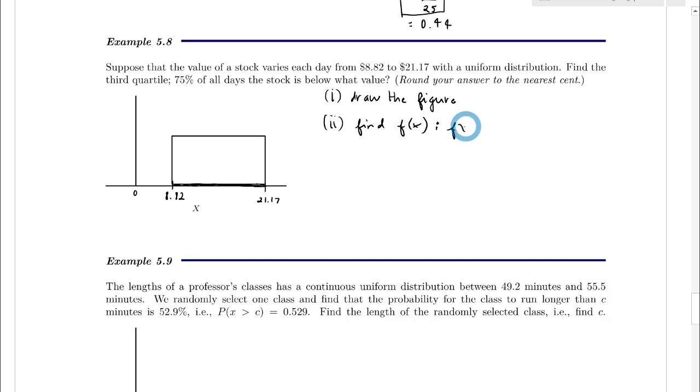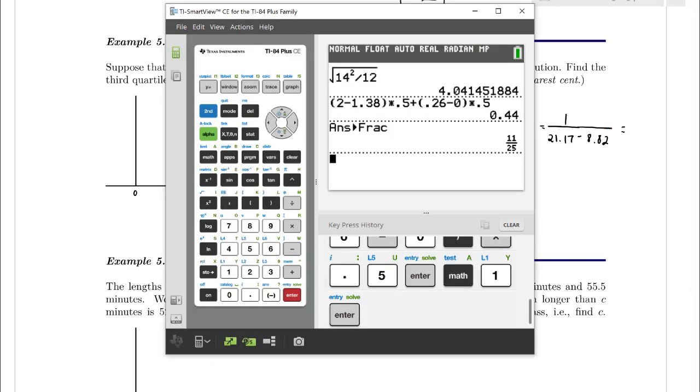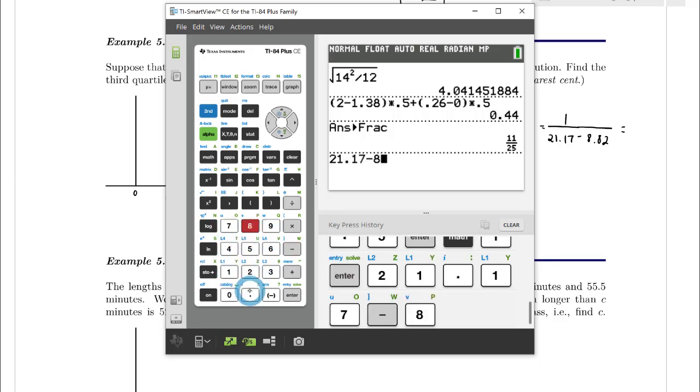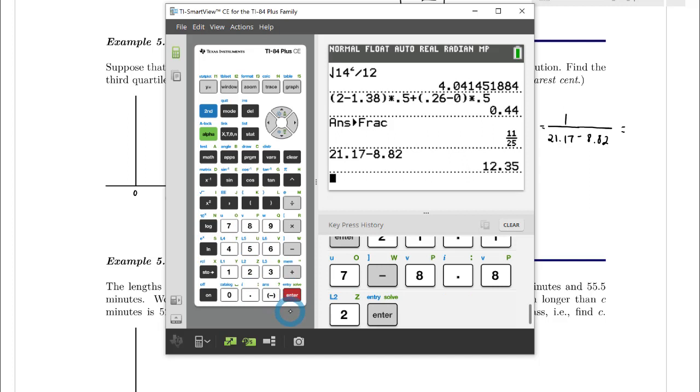So f of x is going to be 1 over b minus a, which will be 1 over 21.17 minus 8.82, which will be equal to, let's see, 21.17 minus 8.82, 1 over 12.35.